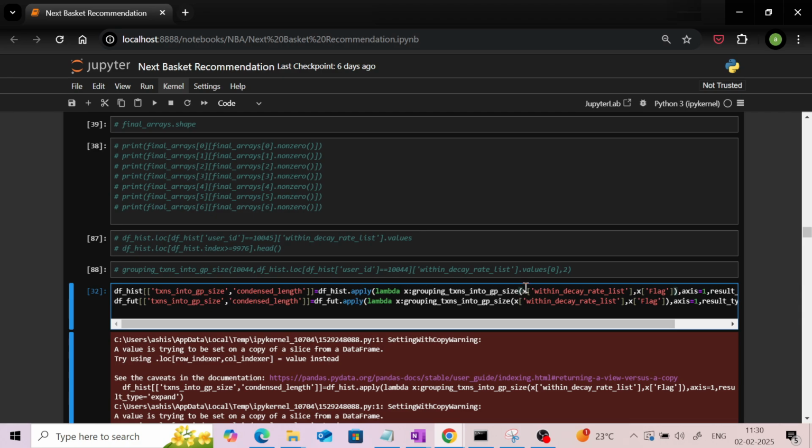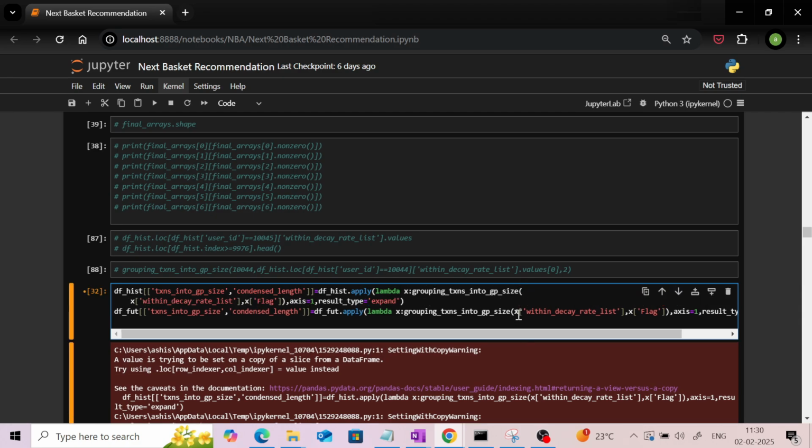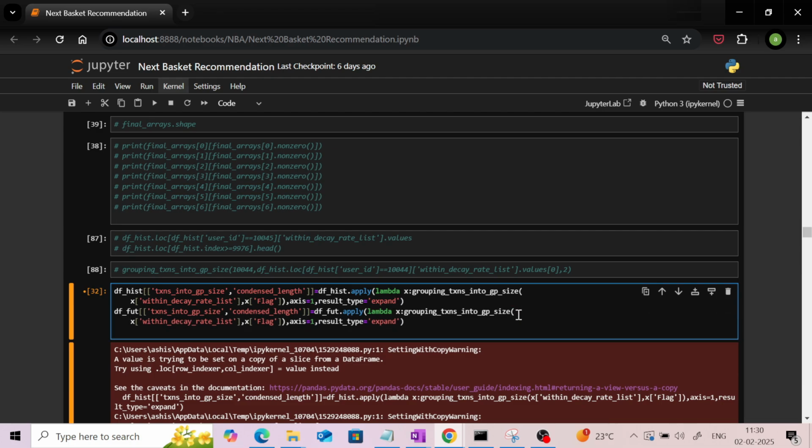So what we do over here, similar to how we calculated the temporal ripple effect, we'll be calculating the temporal fracture effect. We'll be passing these two parameters, the decay rate list that we get from the output of the temporal ripple effect and the flag values for each of the users, to this function, grouping transactions into group size, and we will run it.